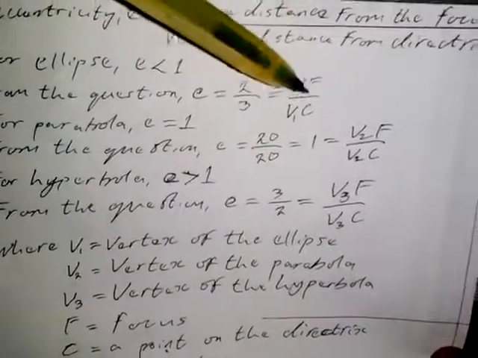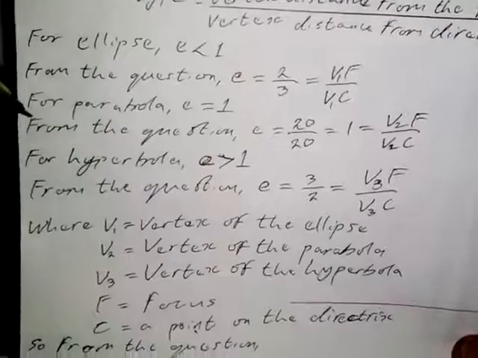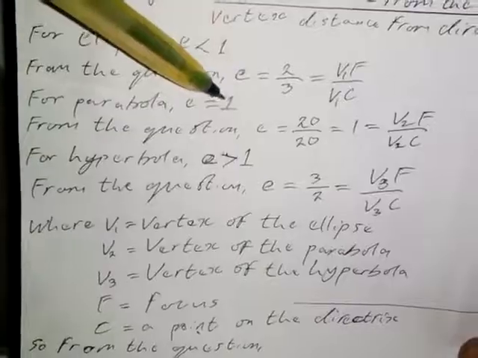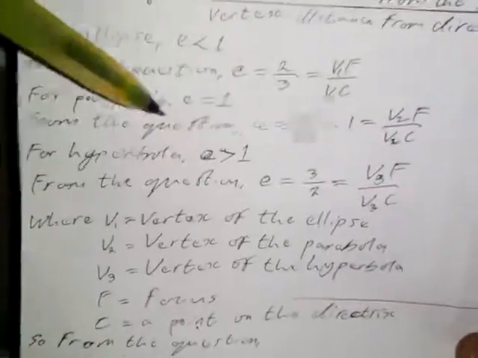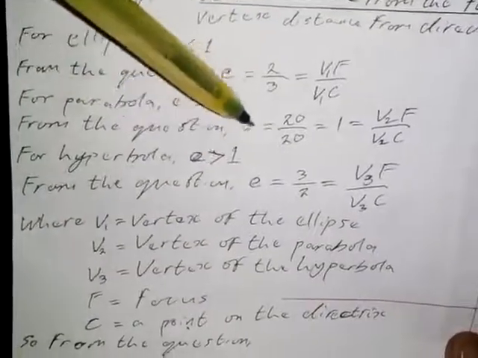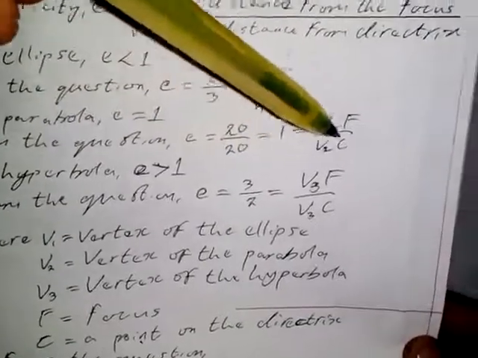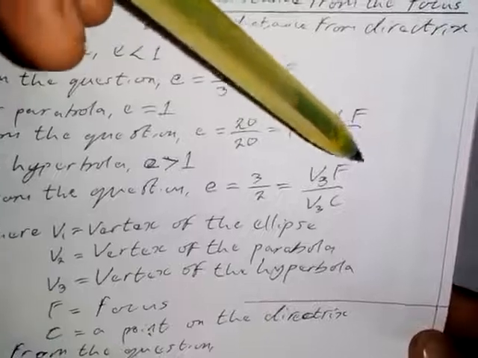I will tell you what F means and what C stands for as I move on. Now for a parabola, the eccentricity is equal to 1. So from the question, we can say that the eccentricity of the parabola is 20/20, which is equal to 1, and I'm representing that with V2F over V2C.